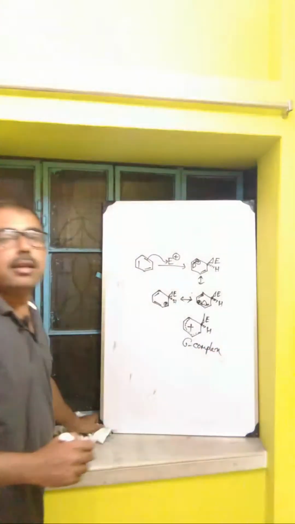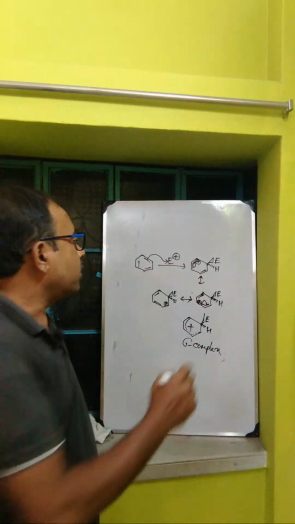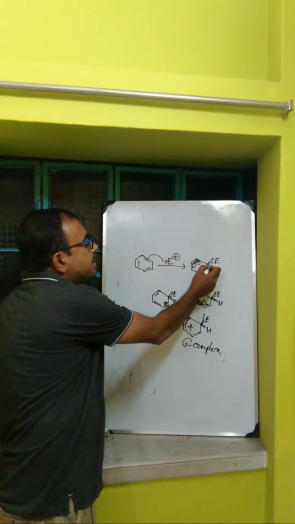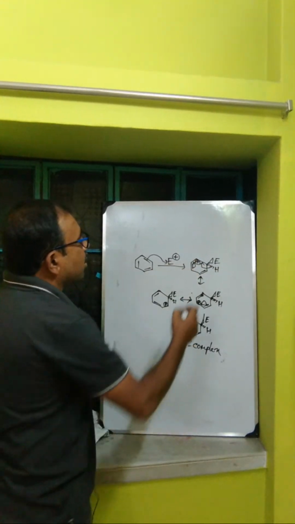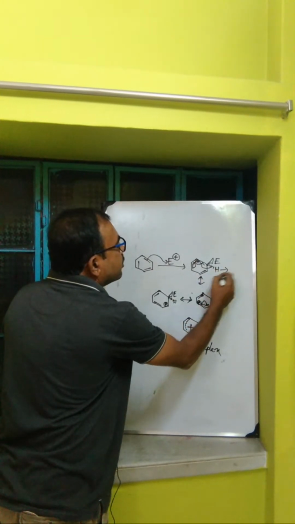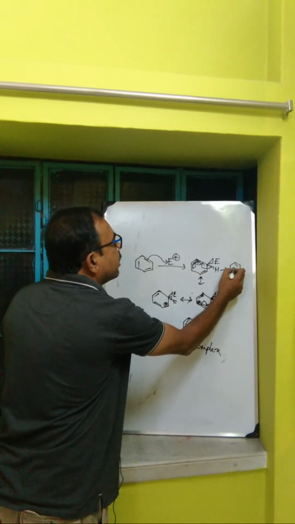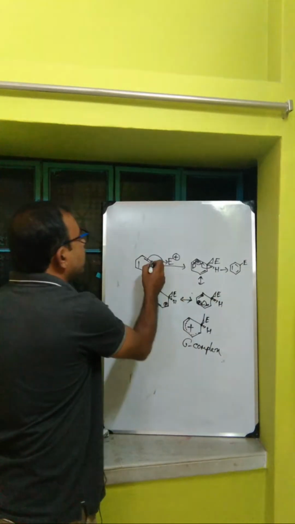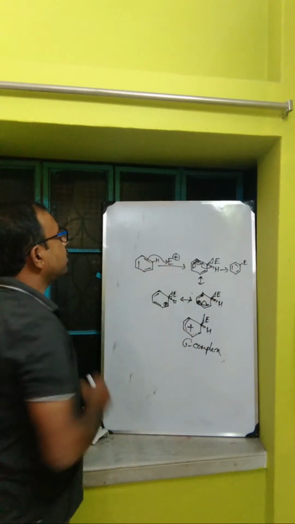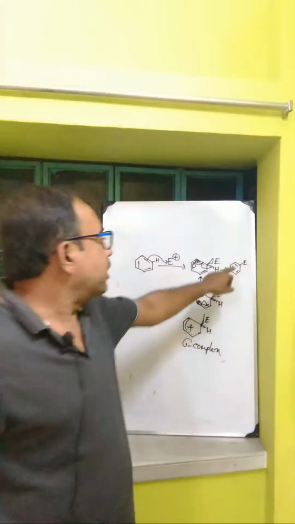Now what happens? Now hydrogen here is released by giving the bond pair electrons to this carbon and is removed as H plus ion, and here the electrophile comes. So here a hydrogen atom was there, and now the compound formed is carrying the electrophile.